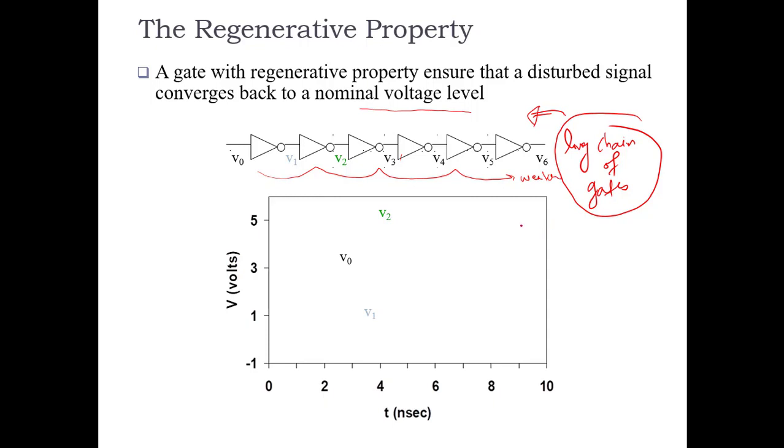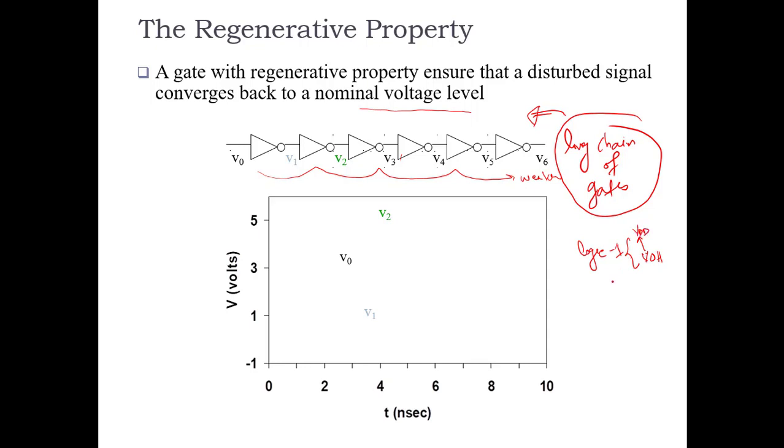Because of the logic thresholds that we discussed in the previous slides, a gate will always generate for a logic 1 a voltage that is between VOH and VDD.